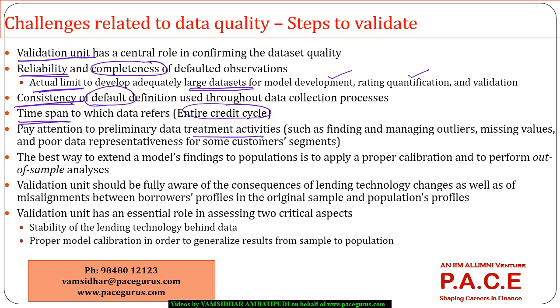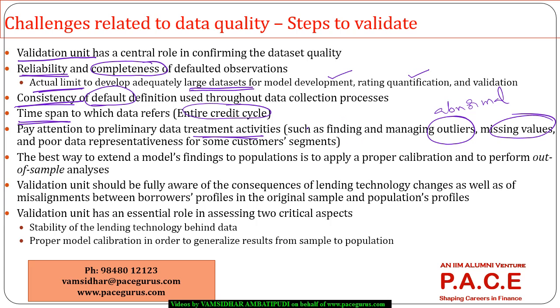Then the data treatment is another important aspect that needs to be focused on. Are there any abnormal values, extreme values, outliers as part of the data? Are any variables having some of the values missing? In some cases, when we are getting the data from third party sources, it might so happen that for some of the variables, some records may be very much empty.